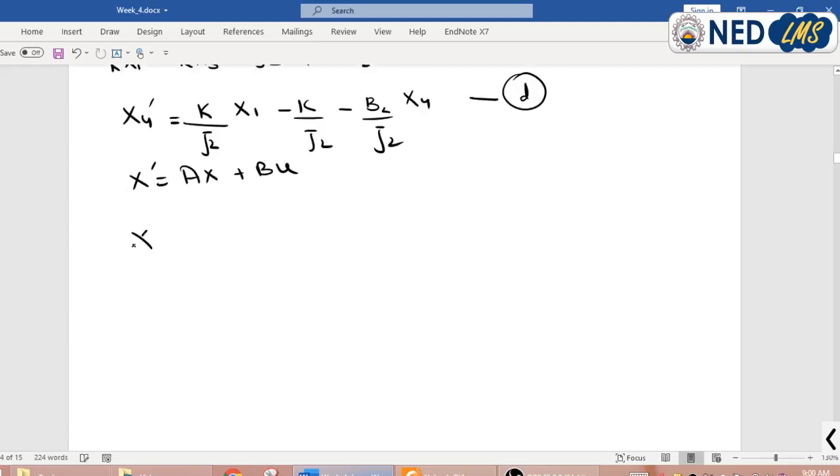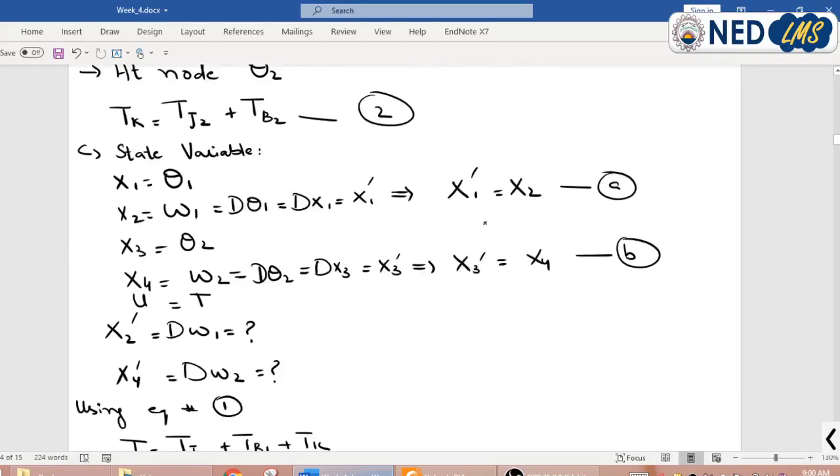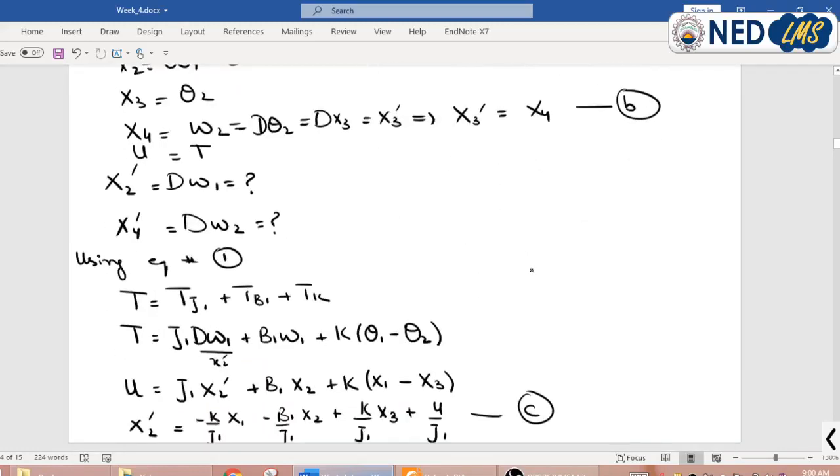Here we have x1 dash, x2 dash, x3 dash and x4 dash. For x1 dash we can see that x1 dash is equal to x2, and x3 dash is equal to x4.